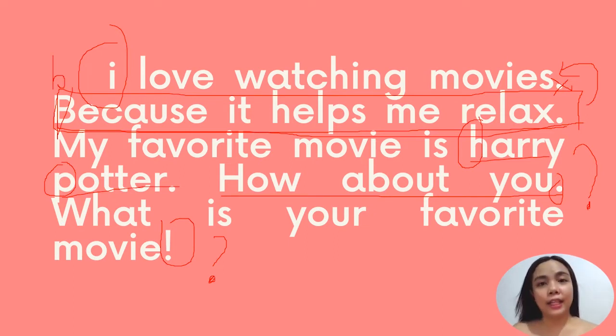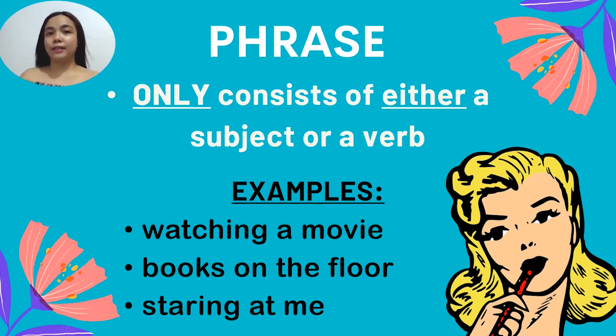Our topic for today is going to be about what phrases, clauses, and sentences are. Okay? Alright, so let's start with phrase. Okay, so a phrase, remember this, only consists of either a subject or a verb.